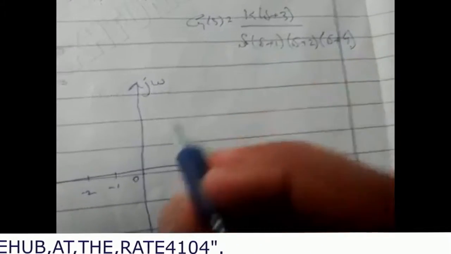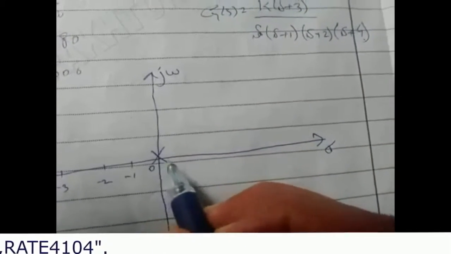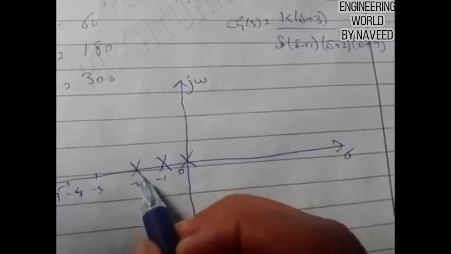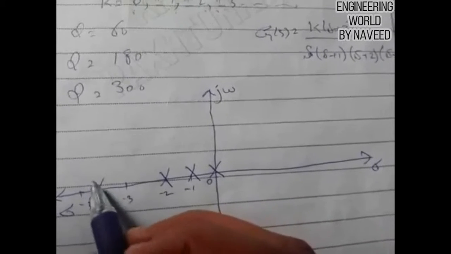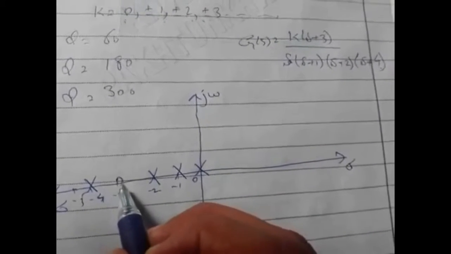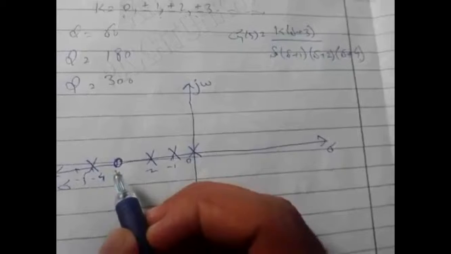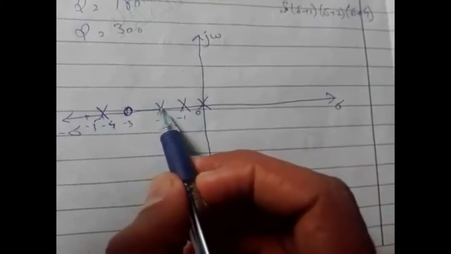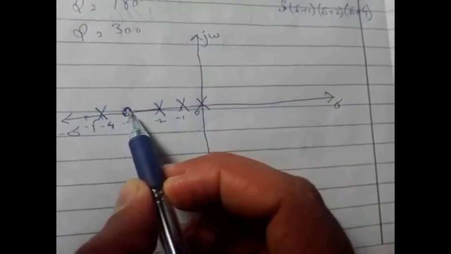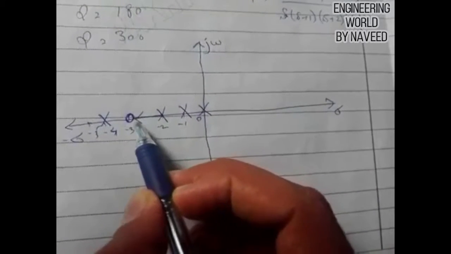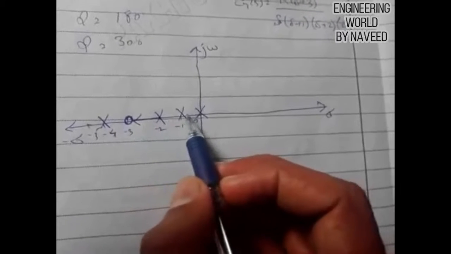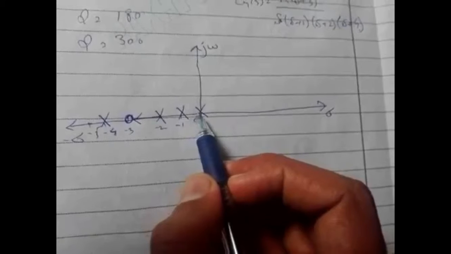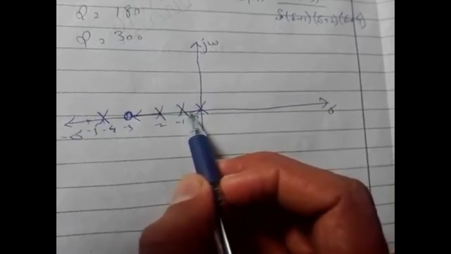One pole is located at s equal to 0, so one cross will be at this point, another cross at this point, another at this point, and another at this point, and one zero is located in this region. The odd number of poles is to the right of this section, so the root locus rises and ends up at this zero.